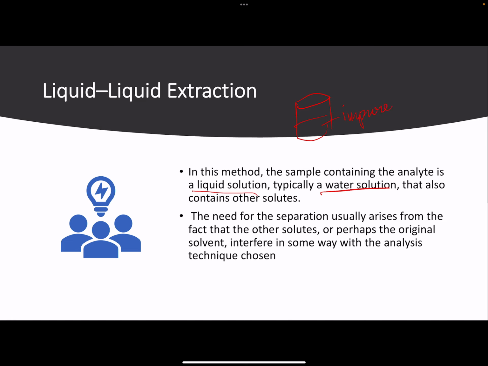The need for the further separation usually arises from the fact that the other solutes or perhaps the original solvent interfere. So, pinag-usapan natin kanina yung interference. In this case, kaya tayo nagsiseparate ng analyte from a certain solution is because possibly magkaroon tayo ng interference kapag hindi natin siya sineparate. Okay?